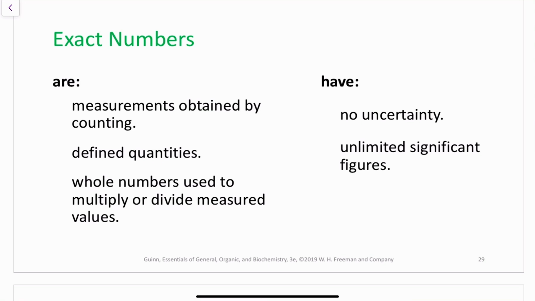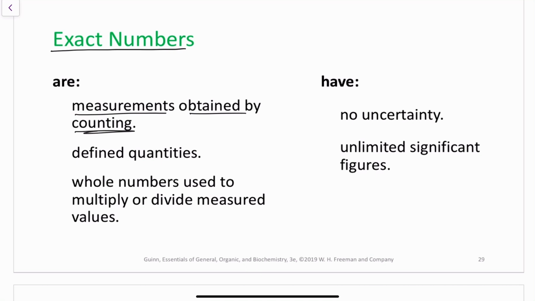Now let's talk about exact numbers. What are exact numbers? Exact numbers are measurements obtained by counting. Whenever you count, like 1 2 3 4 5, anything you can count, those are exact numbers. You cannot change that number.